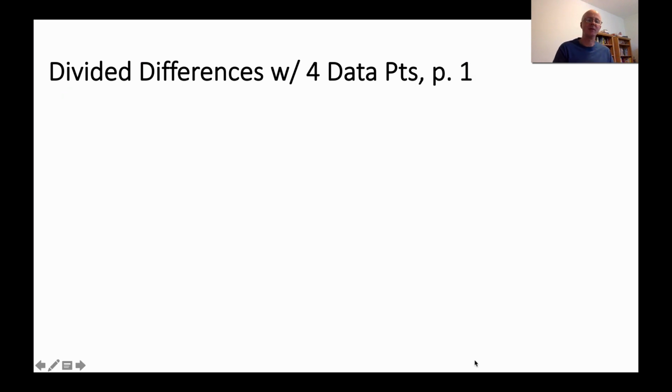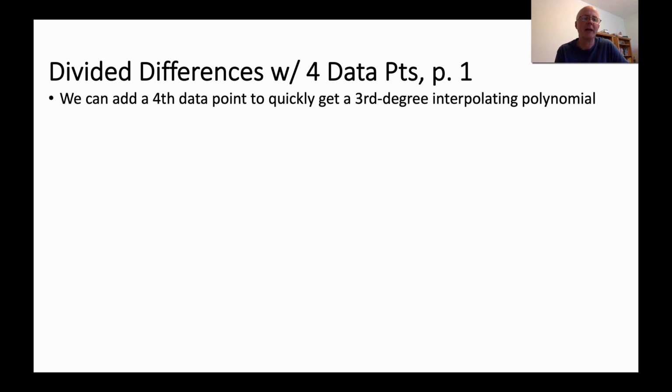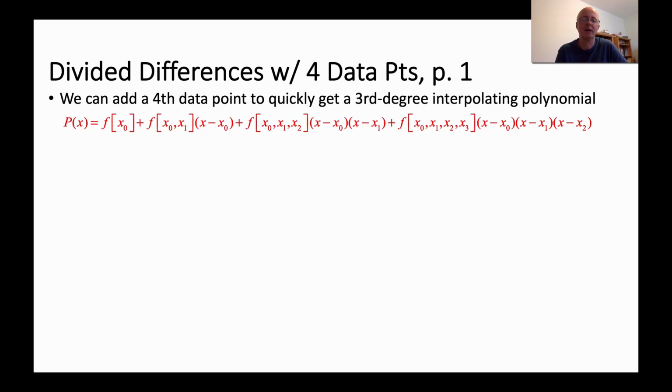Let's now add on a fourth data point. I'm going to show you a spreadsheet in a minute. We can add a fourth data point very quickly to get a third degree interpolating polynomial. Now you've got one more term, this one right here, and this thing here would be a third divided difference.